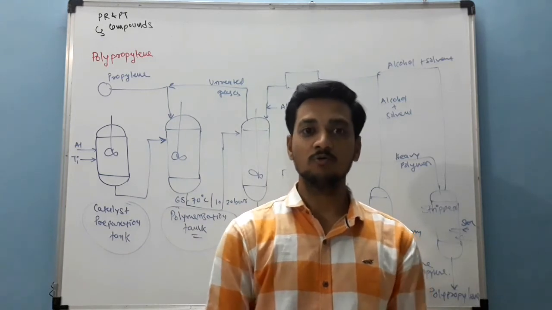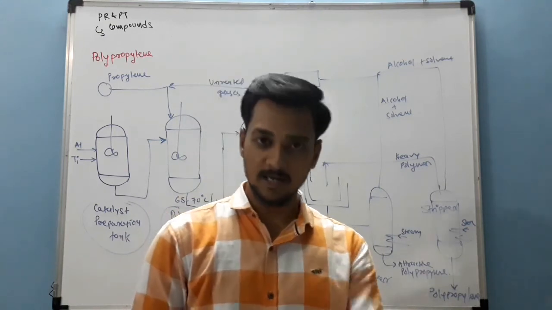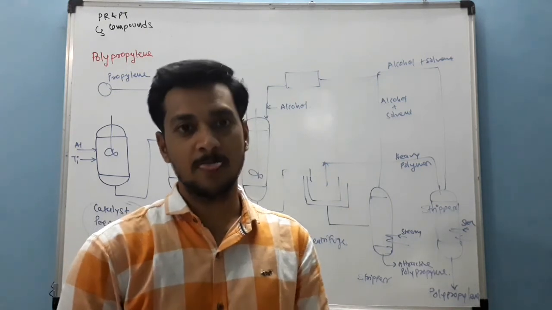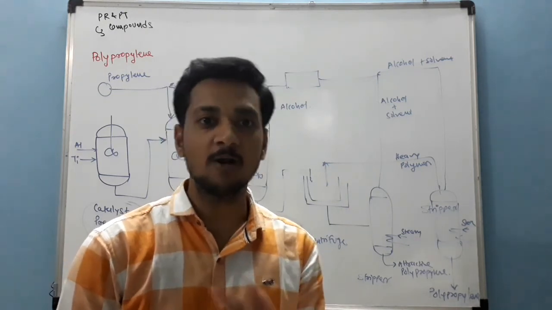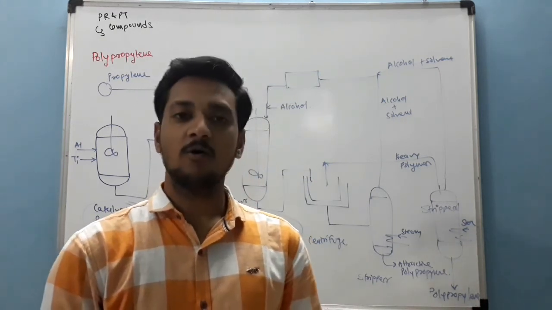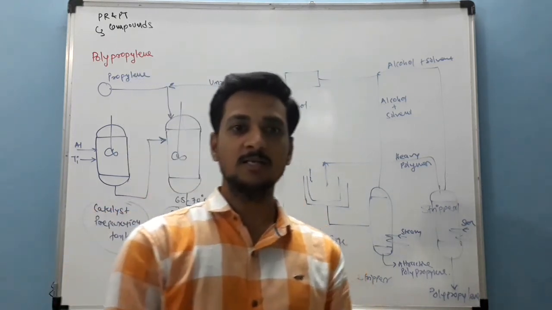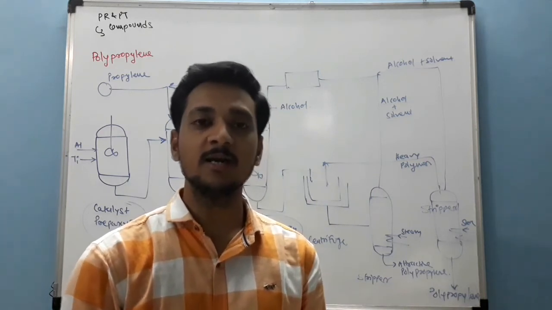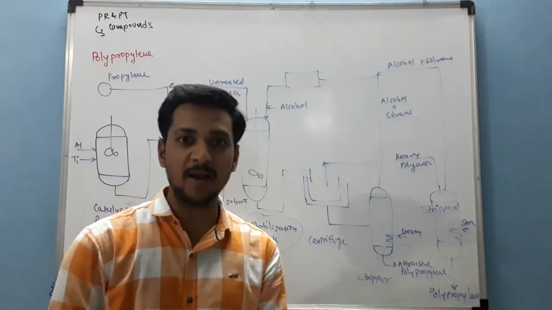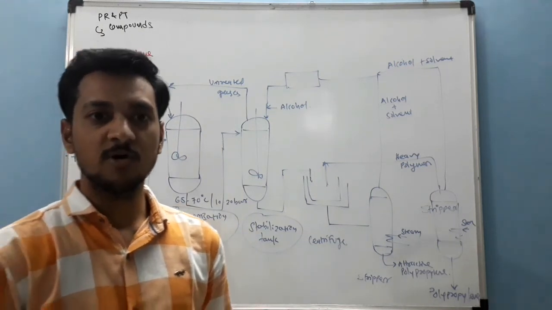It is very widely used in households like furniture, toys, containers, lunch boxes, etc. It is also used in manufacturing of vehicle parts, that means automobile parts, and it is also used in textile industries, and as a packaging material. So these are the uses of polypropylene.